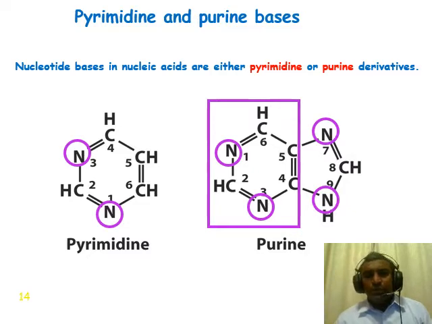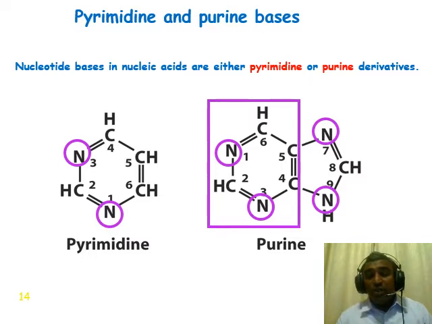So this slide is just to show the difference in structure of pyrimidine as well as purine. You can see pyrimidine has one ring structure, purine has two ring structures. You can also see where the connection of the sugar takes place in the pyrimidine as well as in the purine.